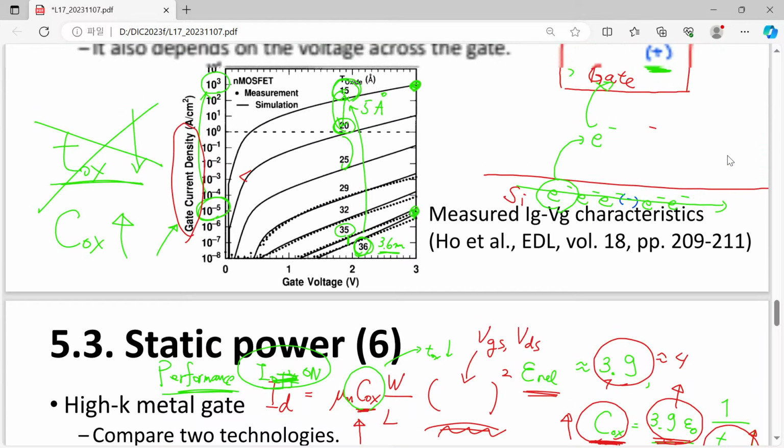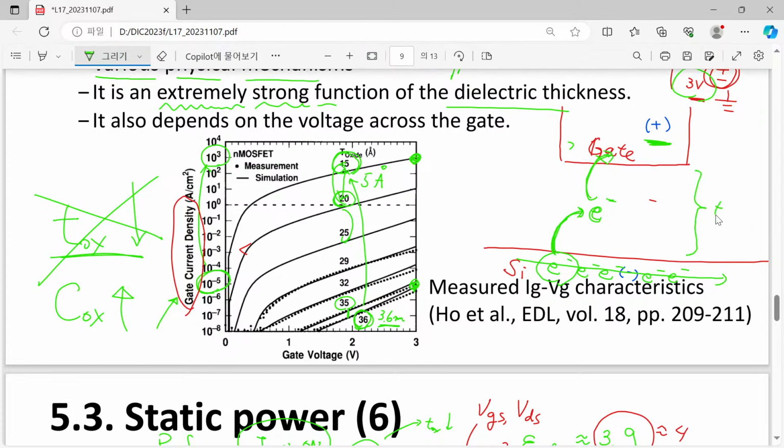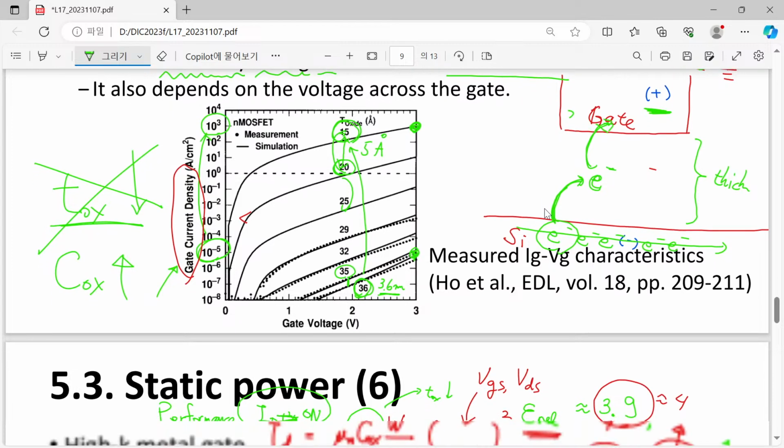Since all of these carriers escape from the silicon channel, jump into this oxide layer and eventually go to the gate, it is critically dependent on thickness. If we have quite a thick gate oxide, then although we have applied high voltage, that will be significantly reduced. So simply speaking, that's it.